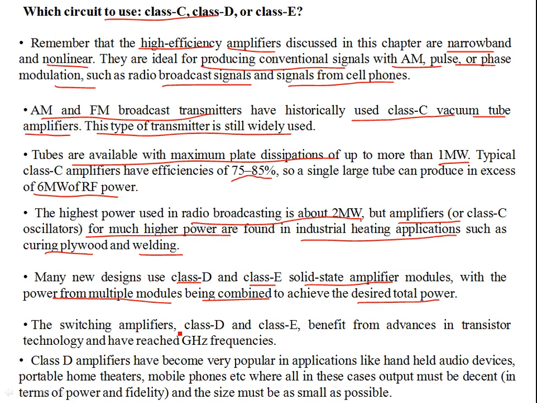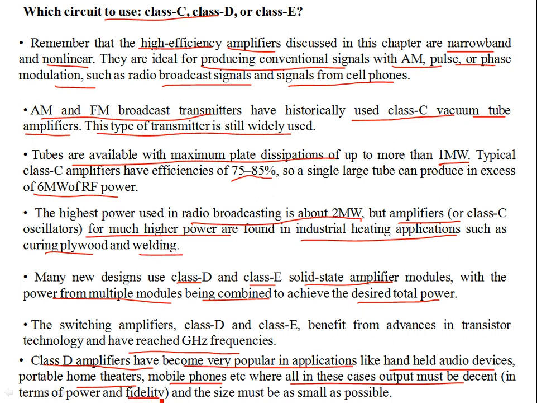These switching amplifiers, Class D and Class E, benefit from advances in transistor technology and have reached gigahertz frequencies. If you recall, Class D amplifiers have very high fidelity output sine waves, and they are very popular in applications like handheld audio devices, portable home theaters, and mobile phones, where the output must be decent in terms of power and fidelity.